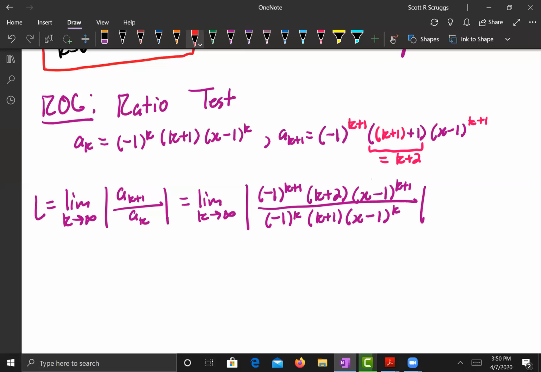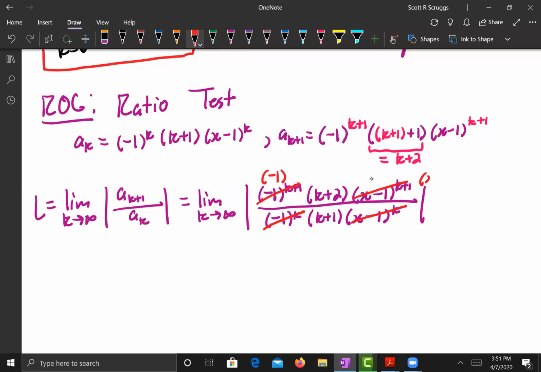And now let's go ahead and start killing some stuff off and simplifying. First, I have negative 1 to the k plus 1 power in the numerator, negative 1 to the k power in the denominator. So that gets simplified down to just a negative 1, which will vanish because of the absolute value. K plus 2 and k plus 1, I can't really do anything with that. X minus 1, in the numerator, I have an exponent of k plus 1. In my denominator, I have x minus 1 with an exponent of k.